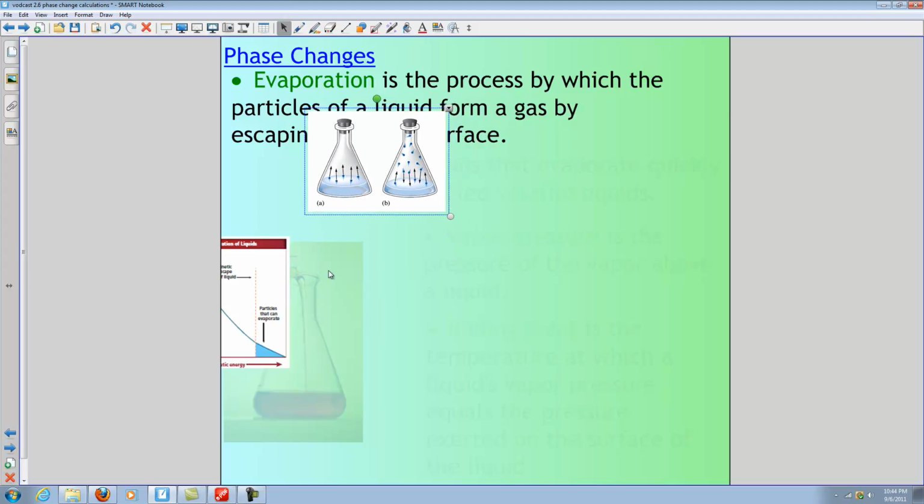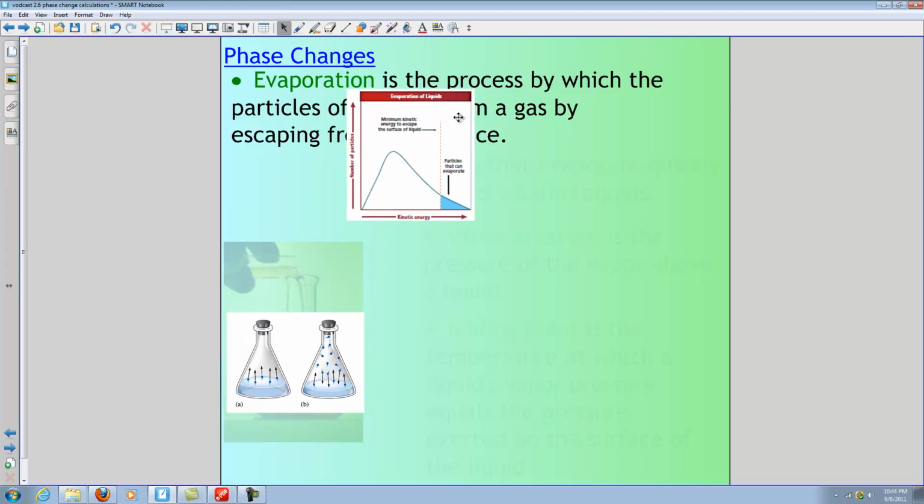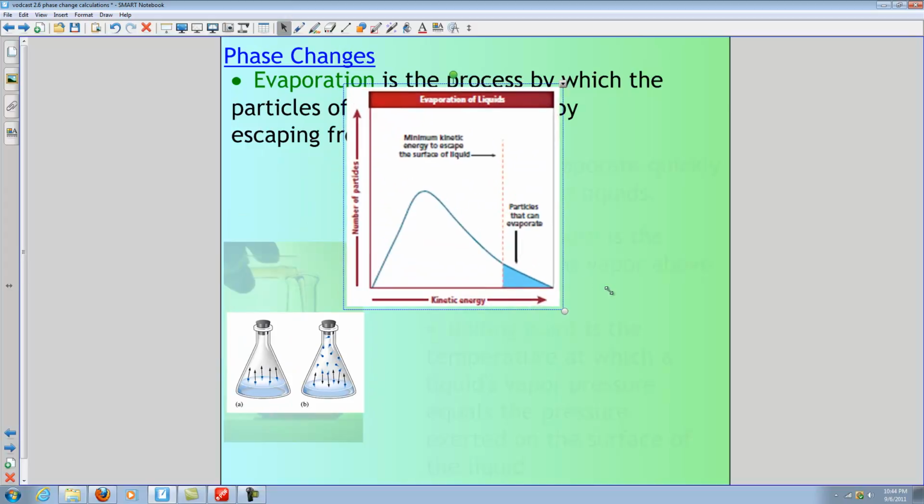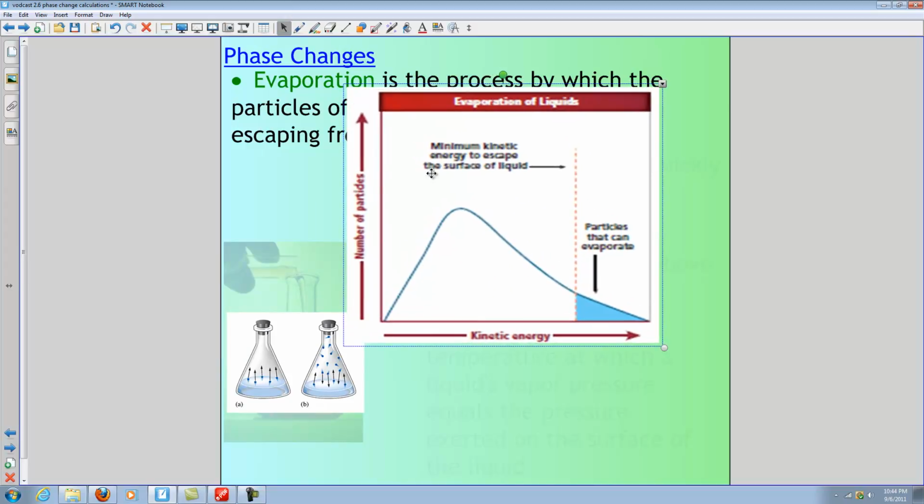Well, if you remember back to the Boltzmann diagram that we looked at in the last podcast, where we've got a certain number of particles and the energy or the speed going on the x-axis, there's an average here in the middle of the average speed of the molecules, but some of the molecules at this far right end have a much greater speed, have a lot more kinetic energy, and so those are the particles that are going to evaporate.